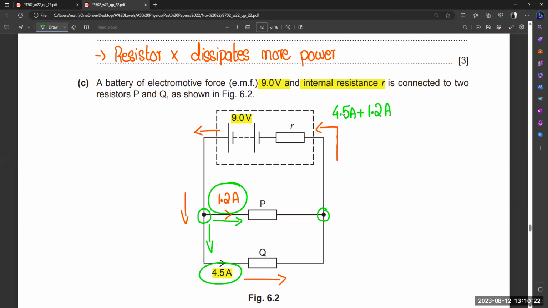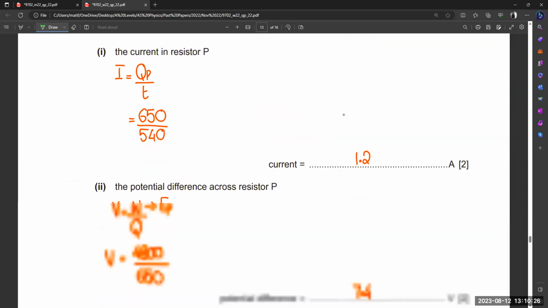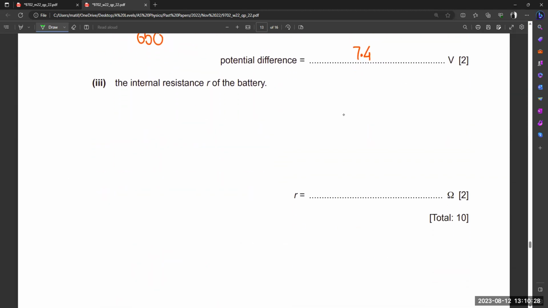Because current between P and Q actually divides, but the original value of current remains the same. So we first write that the total value of electric current is equal to 4.5 plus 1.2. That will give you 5.7. So this is the total value of electric current.